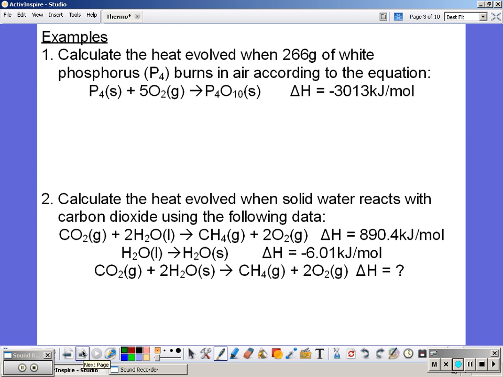Number 1, calculate the heat evolved when 266 grams of white phosphorus, which is P4, burns in air according to the following equation. So the first thing that we want to do is take our grams of P4 and convert it to moles.